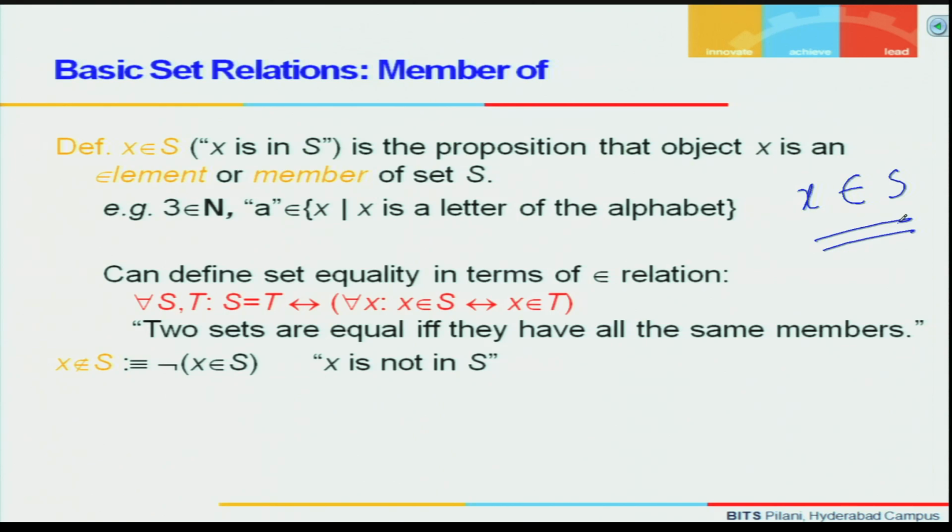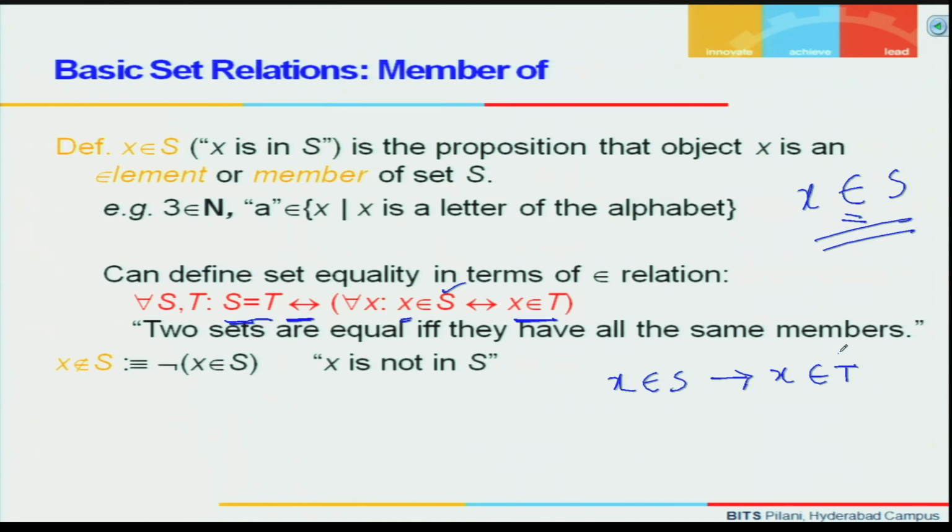And with this particular notation, let us see how we can define two sets as equal. We say two sets S and T are equal if and only if you take any element x in S, that element should be there in T. What I mean here is, take any element x in S, that should imply the same element should be there in T as well.